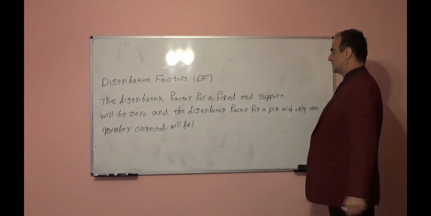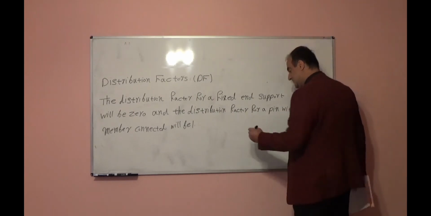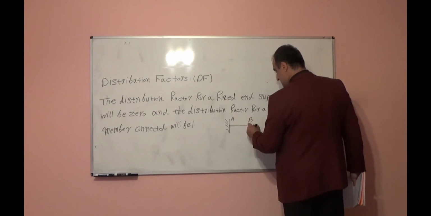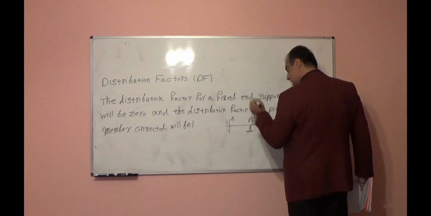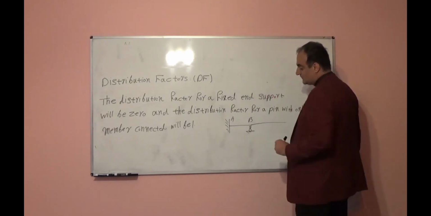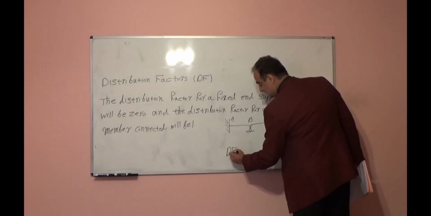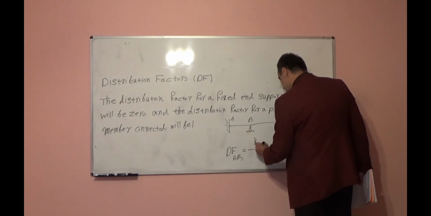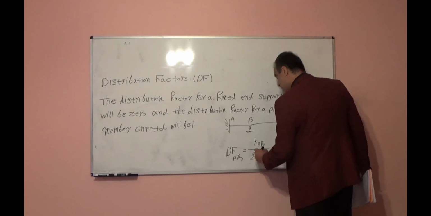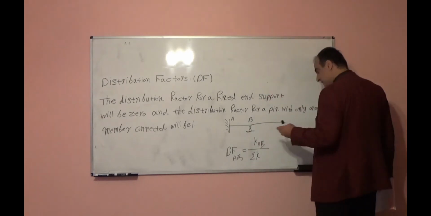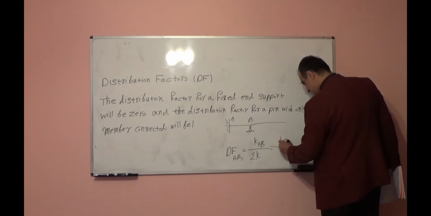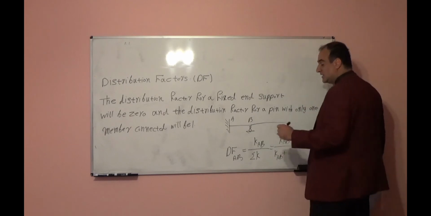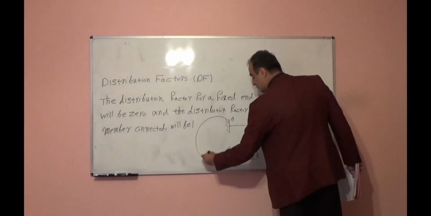Why will the distribution factor for a fixed end support, for example, be 0? Because, for example, this is member AB and we have, of course, other members. Look here. The distribution factor for member AB will be the stiffness of member AB divided by the summation of stiffness of the members coming to joint A. On one side you have member AB, so the summation is the stiffness of member AB plus the stiffness of the ground.